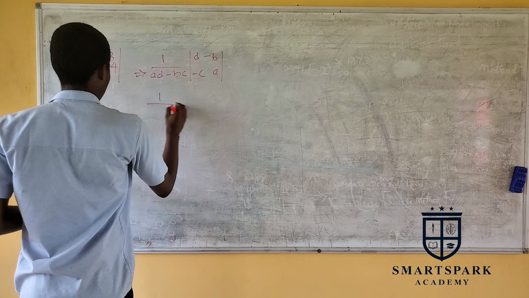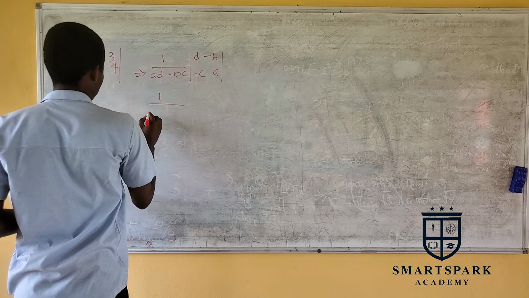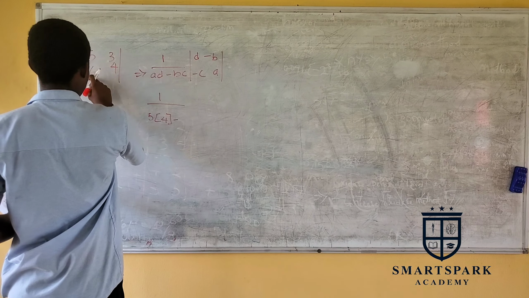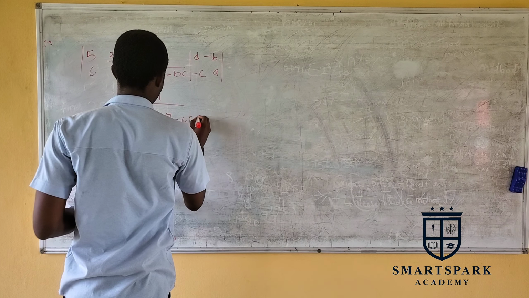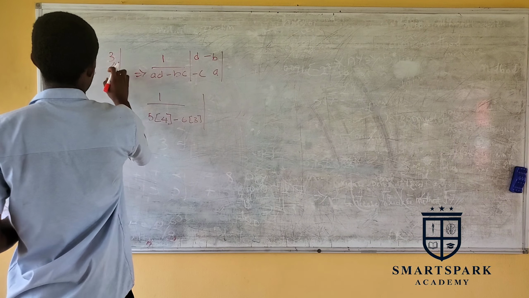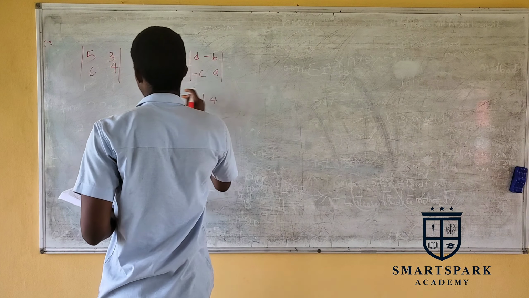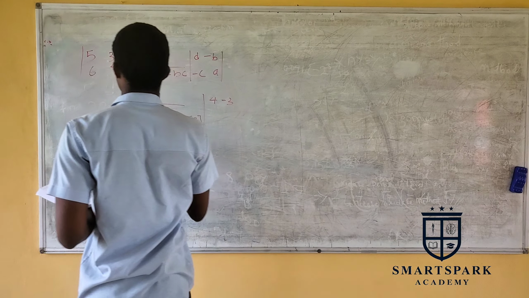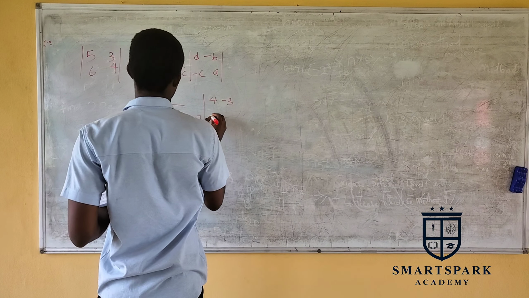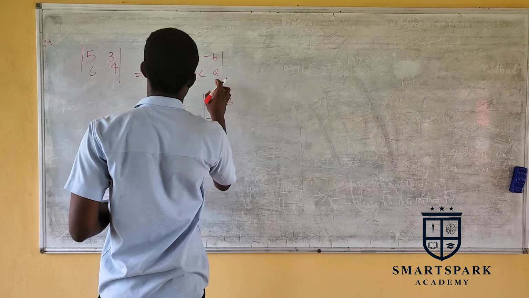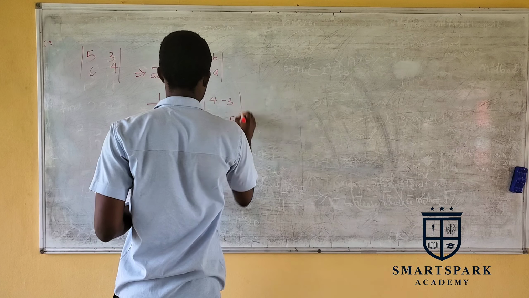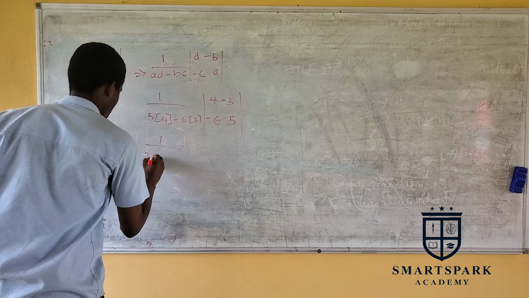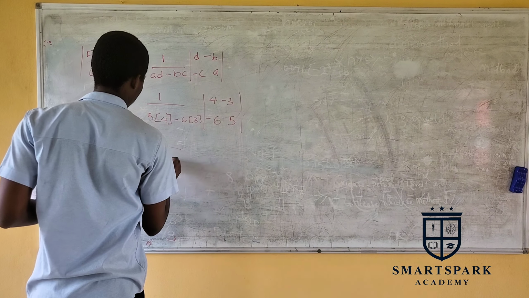So 1 over A times D, which is 5 times 4, minus B times C, which is 3 times 6. Now this is D, which is 4, minus B, which is minus 3, minus C, which is minus 6, and A, which is 5. So this is 1 over 5 times 4 is 20, then 6 times 3 is 18.